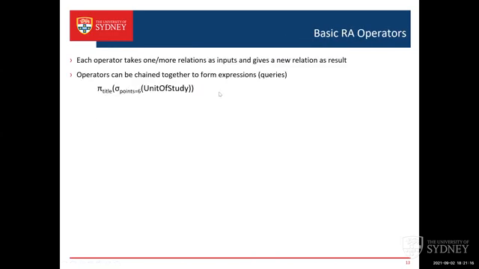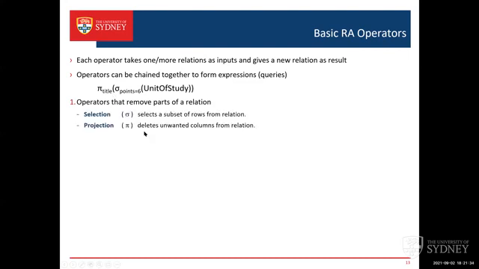So what are the basic operators? So far we have seen two. This one, like I said, is called selection, which is sigma, and this pi is known as projection. There are operators that remove part of a relation, and you can see that these two remove part of a relation.